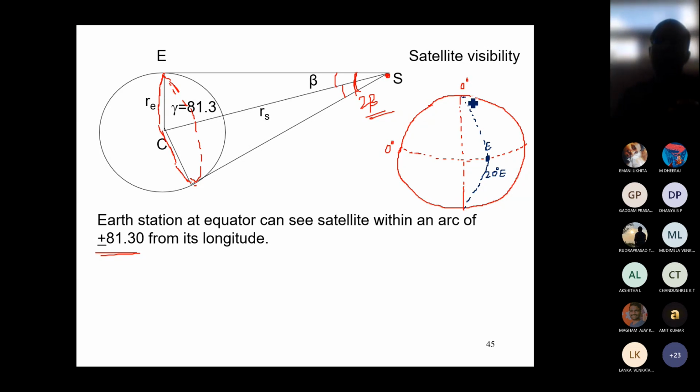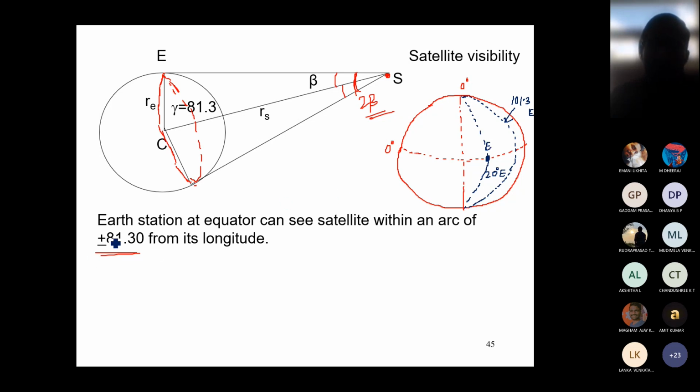101 means it will be on the backside of the Earth. Since I cannot draw that line, I am assuming, suppose this is the 101.3 degree longitude. So this longitude is 101.3 degree east longitude.